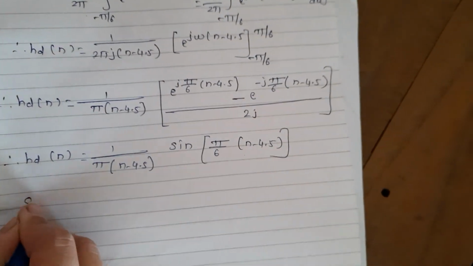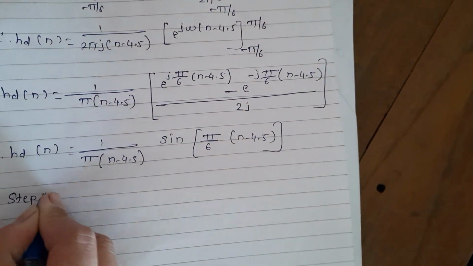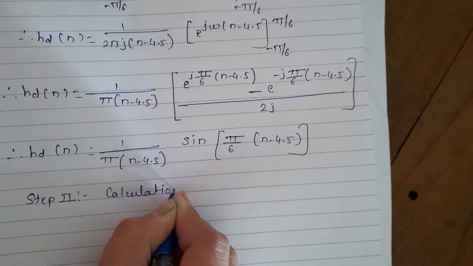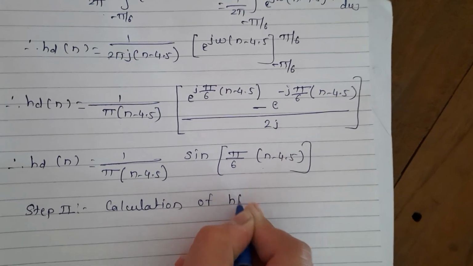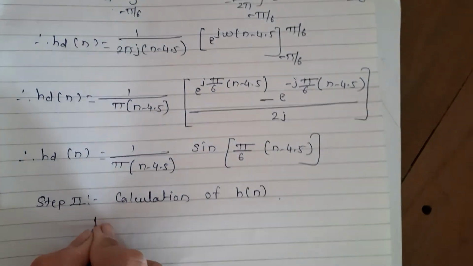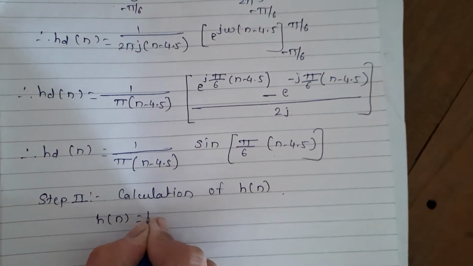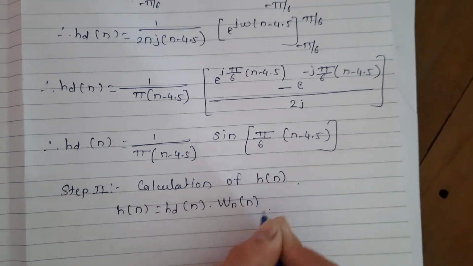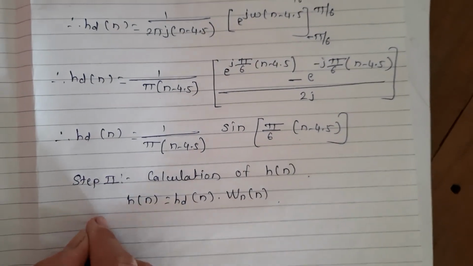Now step 2 is calculation of h of n. So we have h of n is equal to hd of n into the Hamming window function.